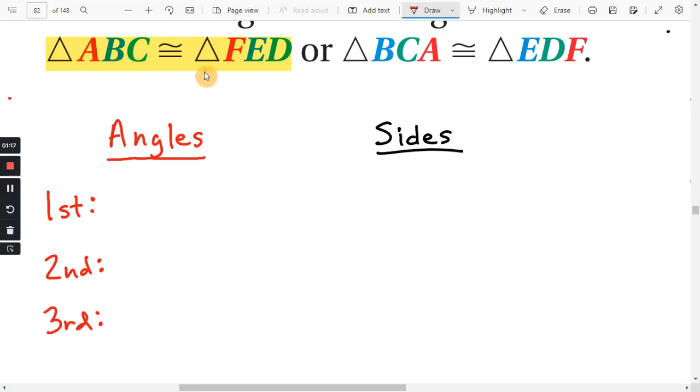Okay, so this triangle symbol, of course, means this is a triangle.